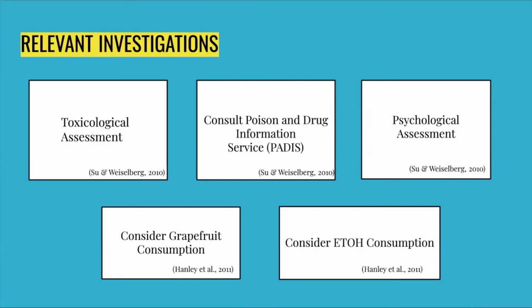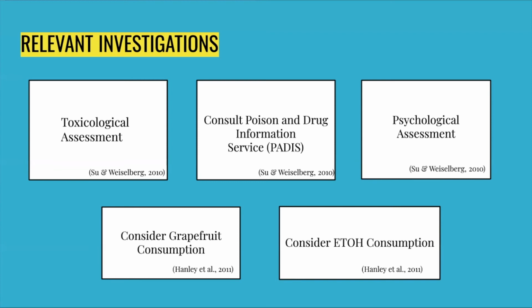Consider grapefruit consumption. Grapefruit is a well-documented inhibitor of CYP3A4, which is an enzyme that's actually used to metabolize verapamil and other drugs. So if a patient were to take their same normal dose of verapamil and follow it with the consumption of grapefruit, that may be enough to elicit an overdose.